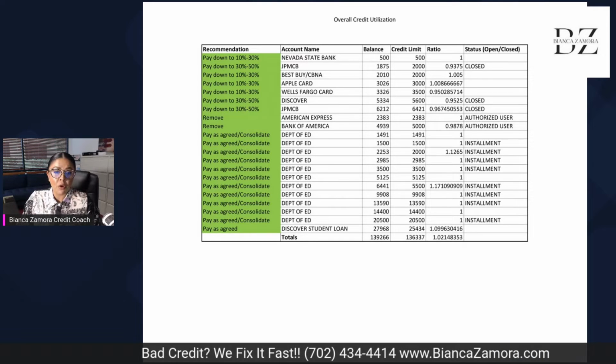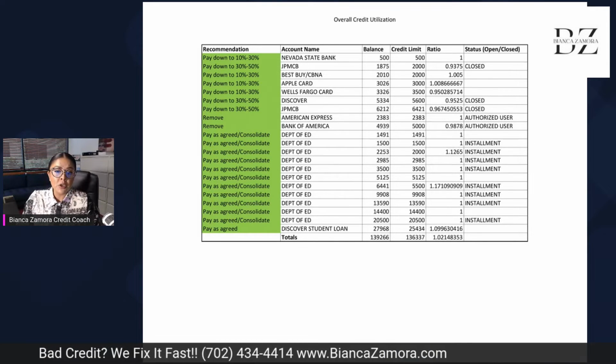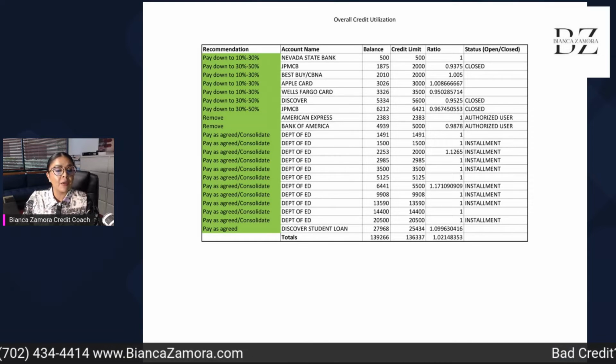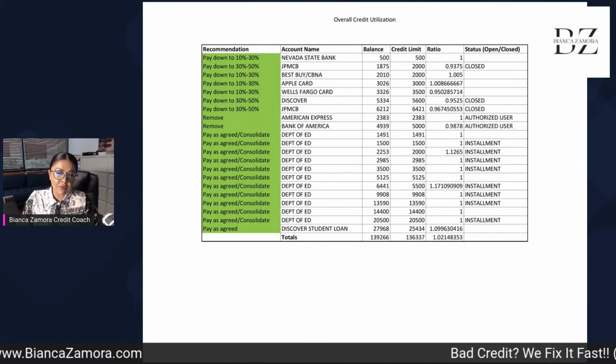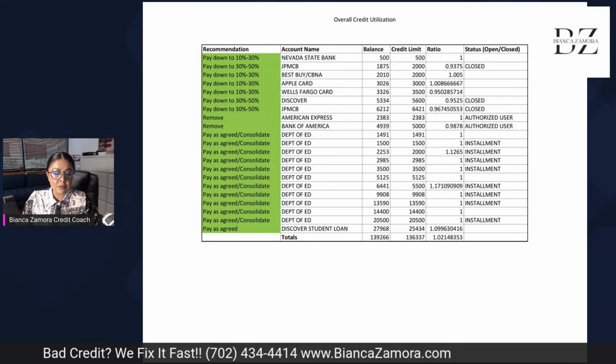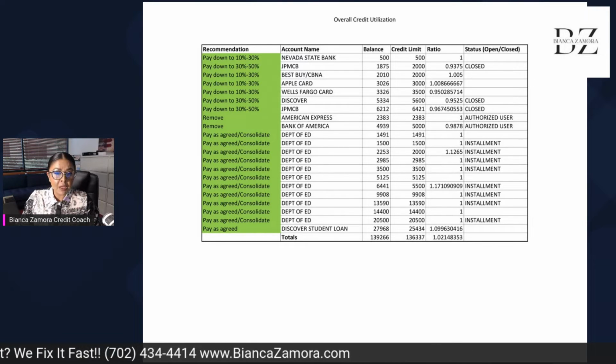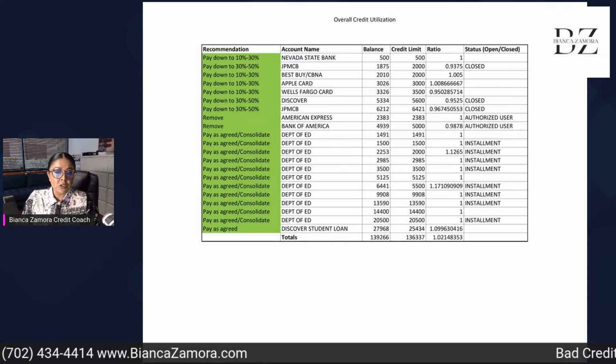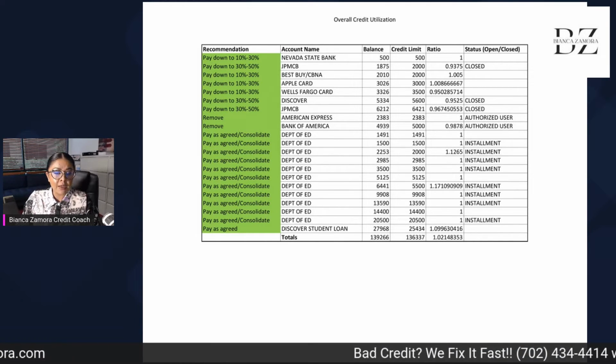To determine your overall credit usage, you're going to add up all of your balances. So you're going to add up 500, 1875, 2010, 3026. You're going to carry that all the way down and list that in your totals. Then you're going to do the same thing for your credit limits. Under credit limit, that's going to be your max credit, and you're just going to add all those together.